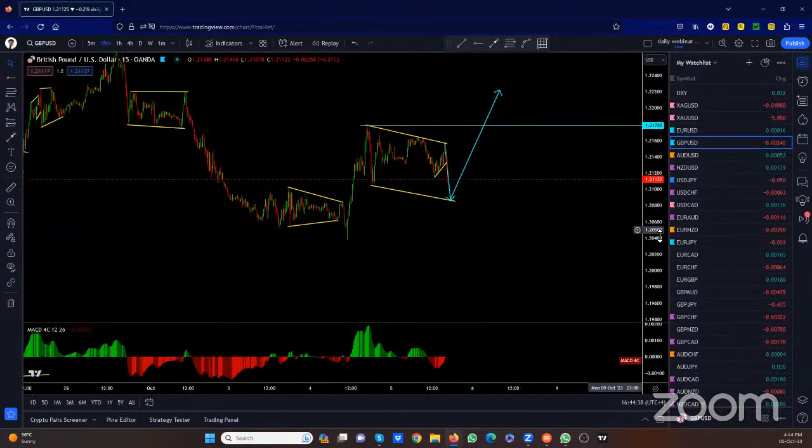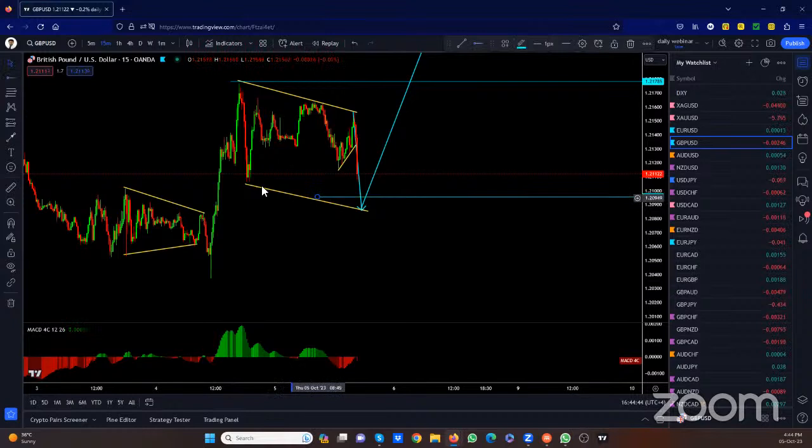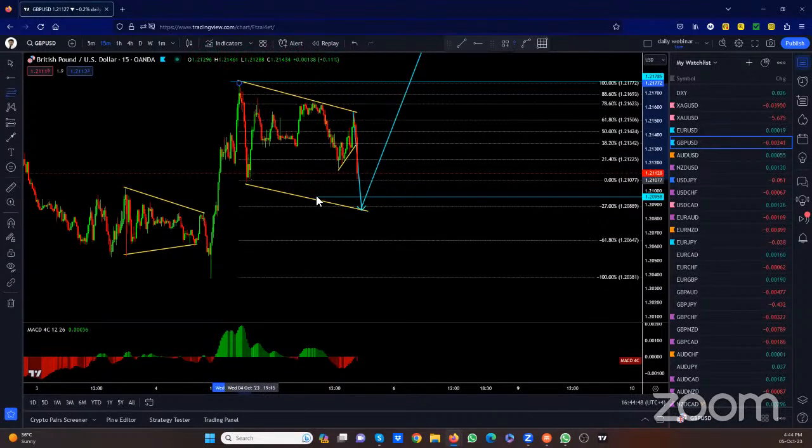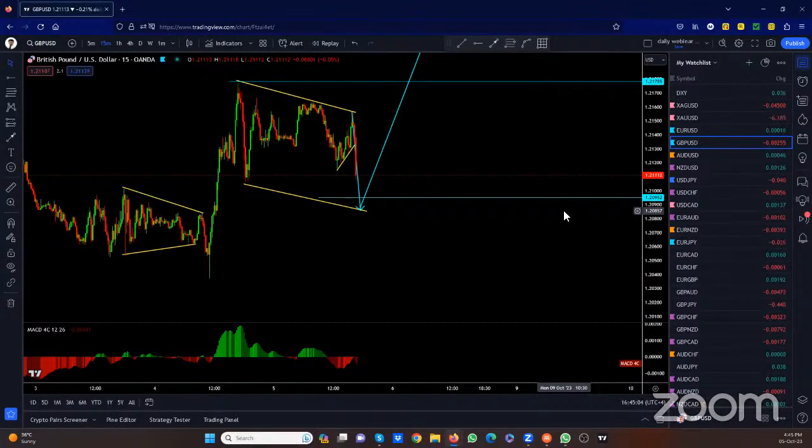So on the Pound, it's a better idea to do that. Put it here, a little under that. You can go for the 270 if you want, but I would say put it a little before the 270, just to be sure. And then we'll manage our way in that one, right? That's just for the very, very aggressive traders. Don't do it if you're not an aggressive trader.